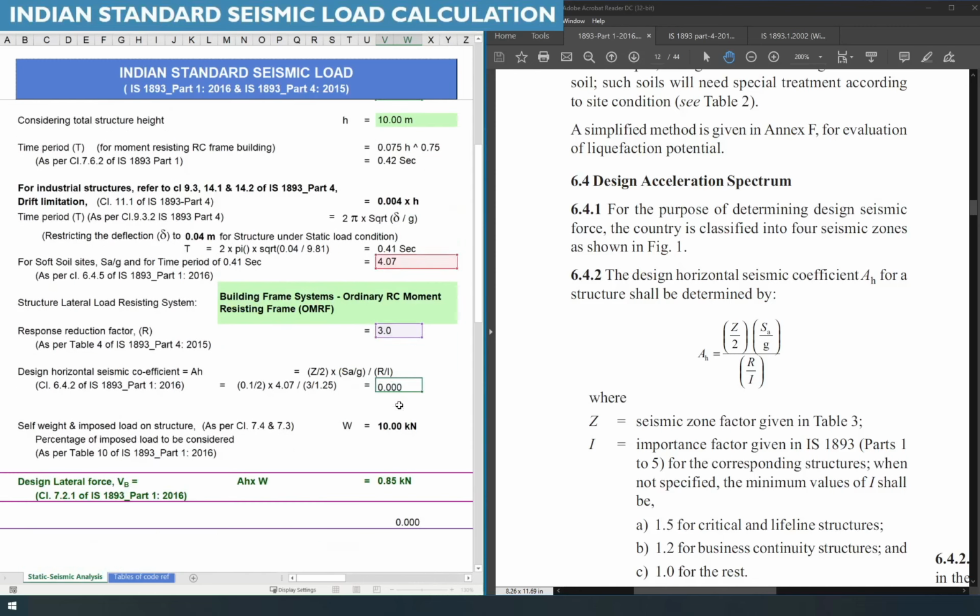Applying all these values, I get 0.085 as my design horizontal seismic coefficient.